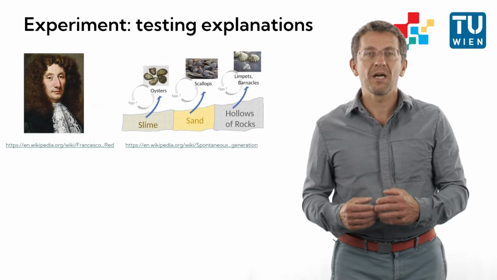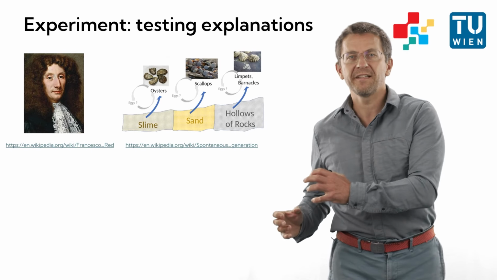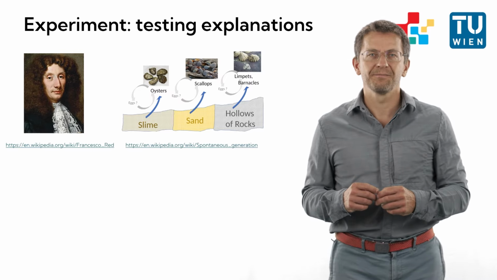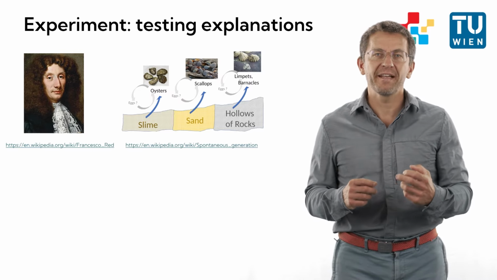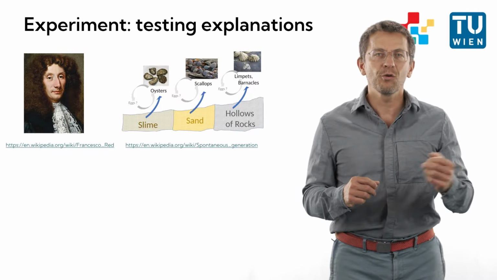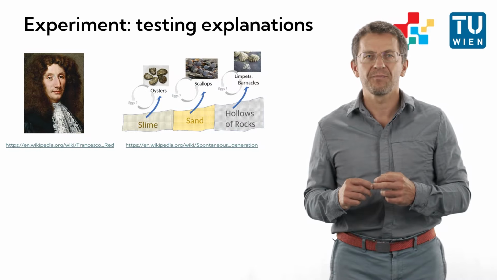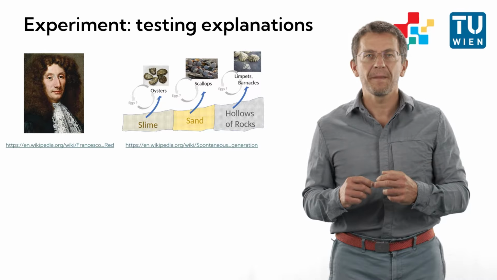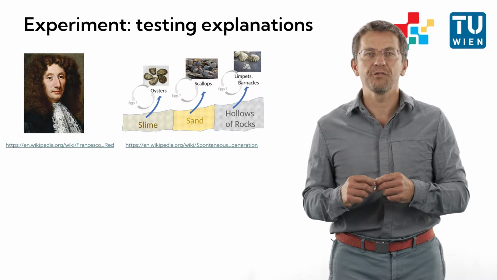In order to move from hypothesis to a tested explanation, we need to run an experiment that creates artificial and controlled circumstances. Let's look at the example of Francesco Redi. In the 17th century, he wanted to challenge a doctrine of his time, spontaneous generation.